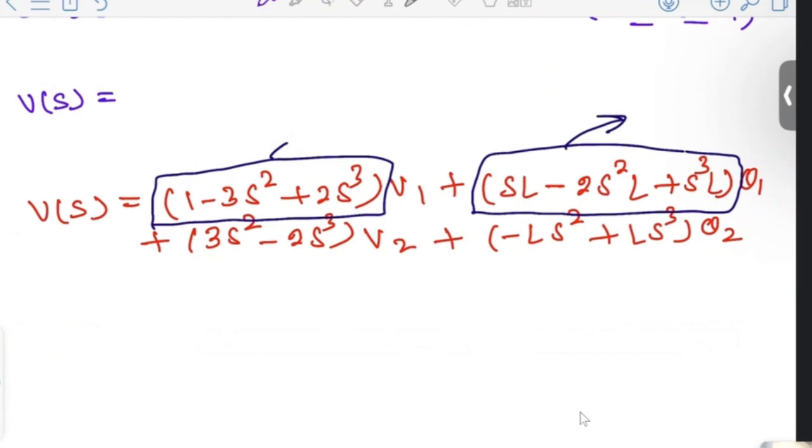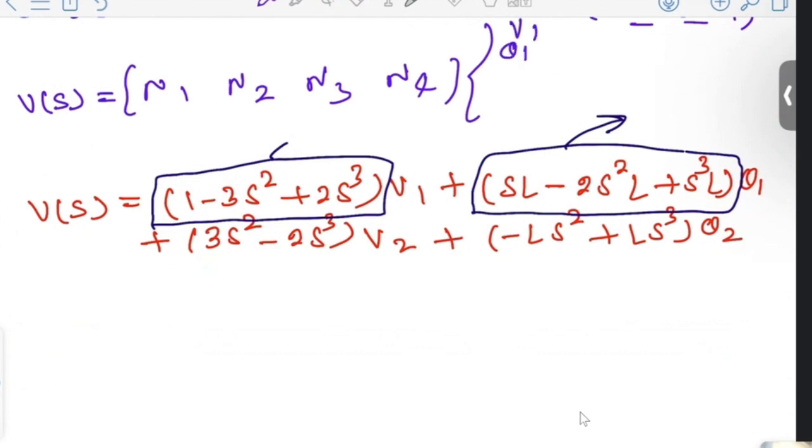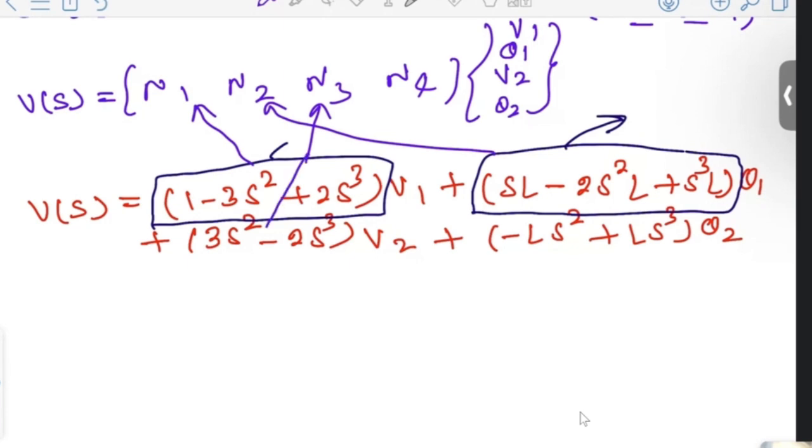So I will write in terms of shape function: N1, N2, N3, N4, then v1, theta 1, v2, theta 2. So this is our N1, N2, sorry, this is our N3, and this will be our N4.